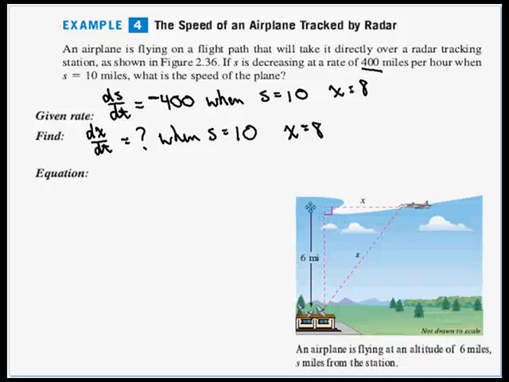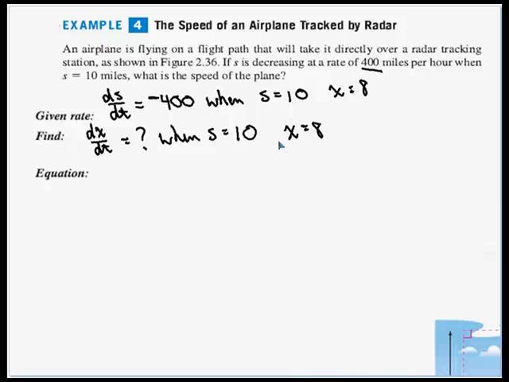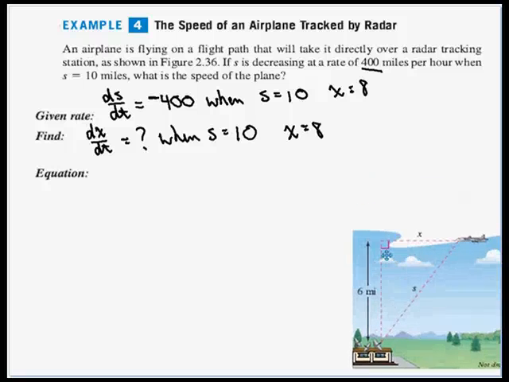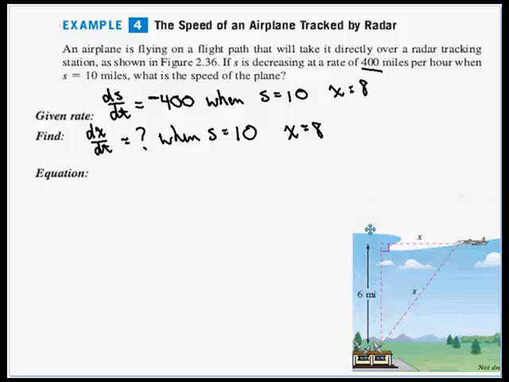But remember, we do not want to plug in any known quantity until after we've derived our raw equation. So what is the equation that we're dealing with here? Well, it's a right triangle, so it's going to be the Pythagorean theorem. a squared plus b squared equals c squared, or in this case, x squared plus 6 squared equals s squared, because s is our hypotenuse.